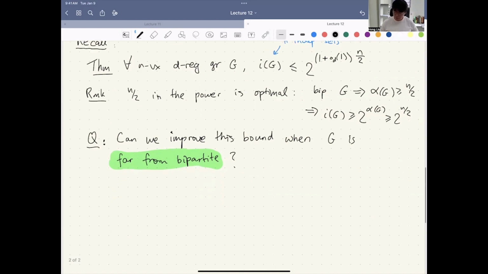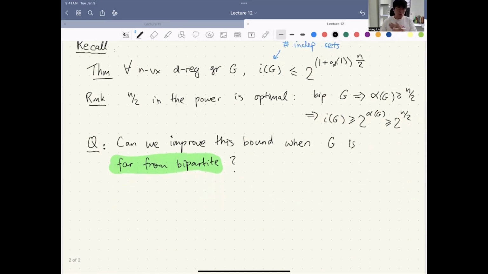So let's recall, when we talk about eigenvalues, we actually mean the eigenvalues of its adjacency matrix.